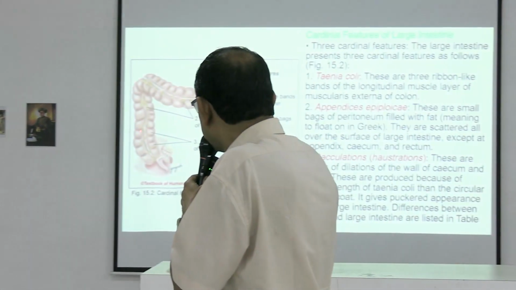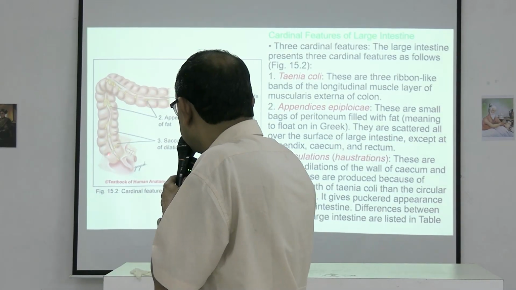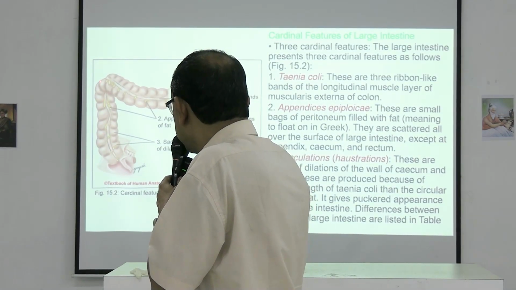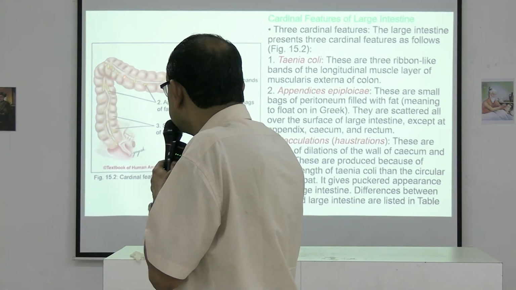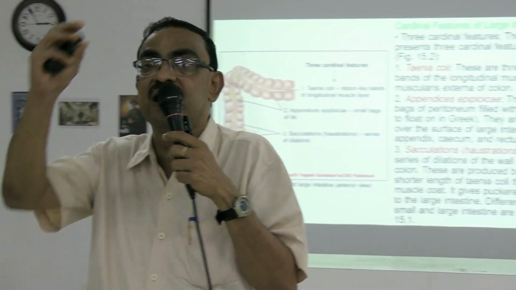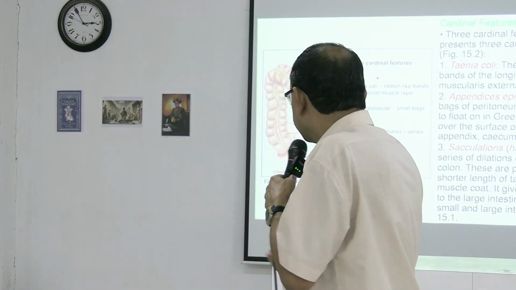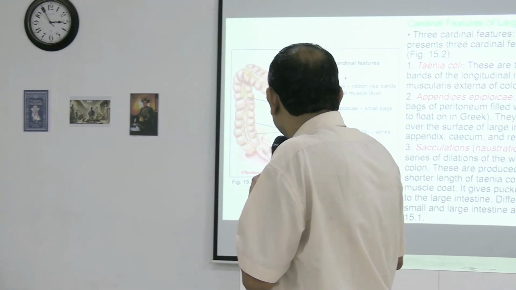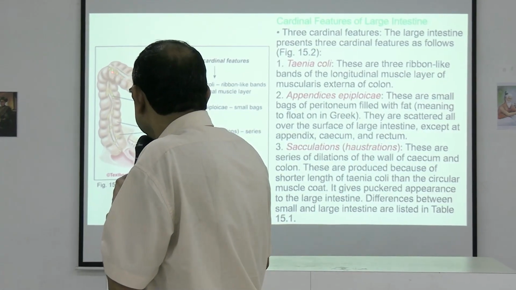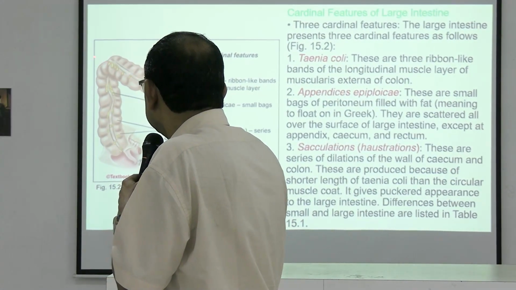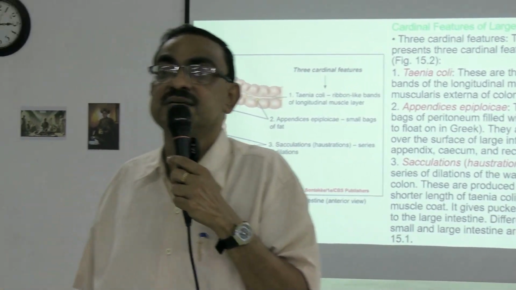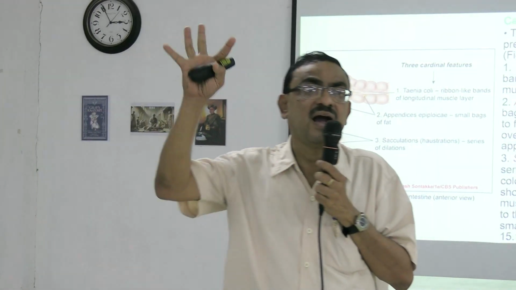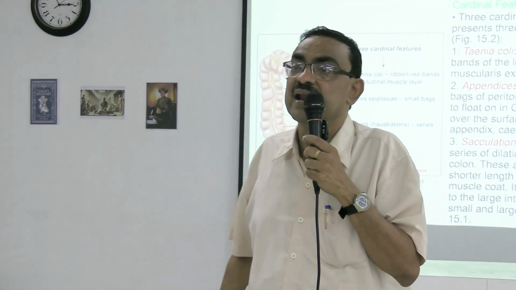Here we can also find this accumulation of fat from the peritoneum, and it spreads over the gut, and we can find grape-like structures hanging from the large gut, which contain some fat. These small sacs or bags are called the appendices epiploicae. So these three cardinal features are present in the large gut.